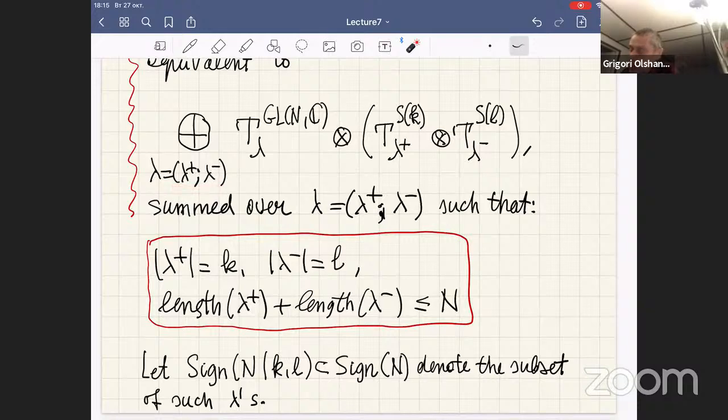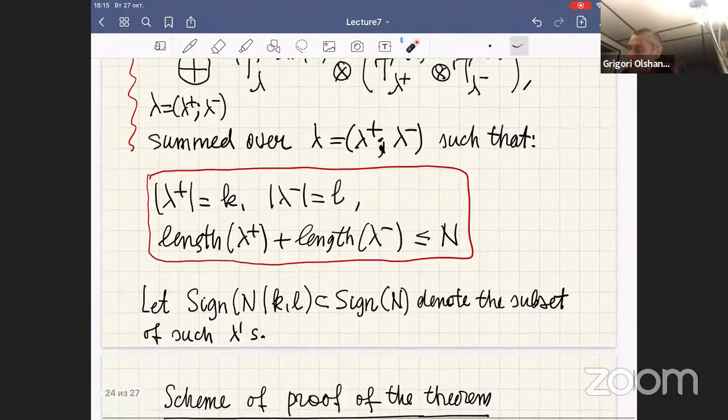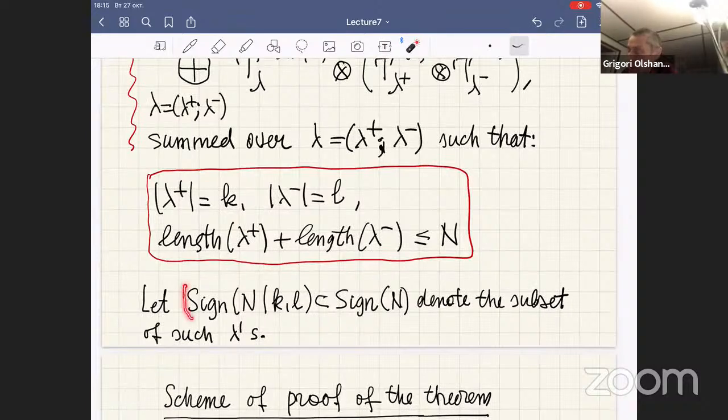And the next condition is that the number of boxes is exactly K, and the number of boxes in this diagram is exactly L. It is convenient to introduce some notation for this subset of signatures satisfying these two conditions, and let's write it as follows.